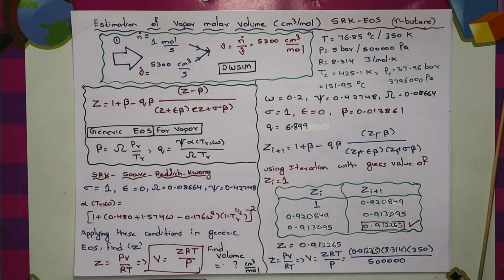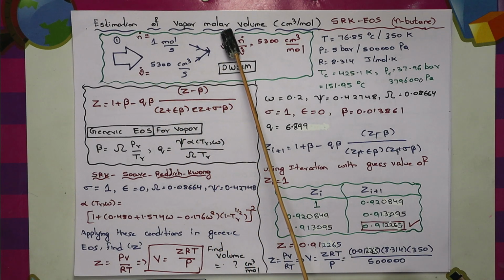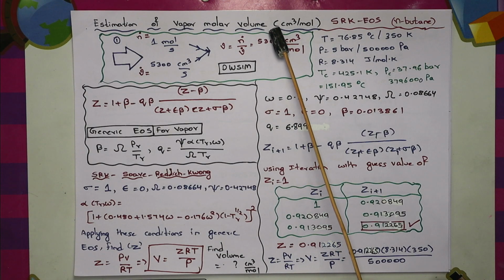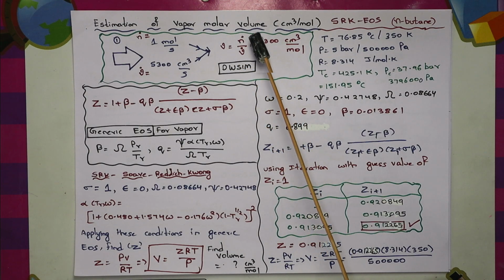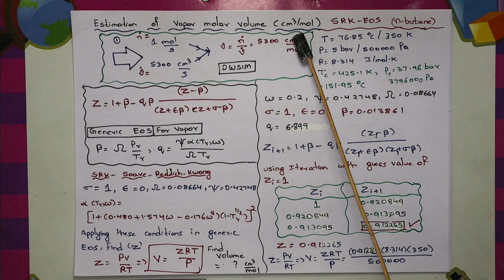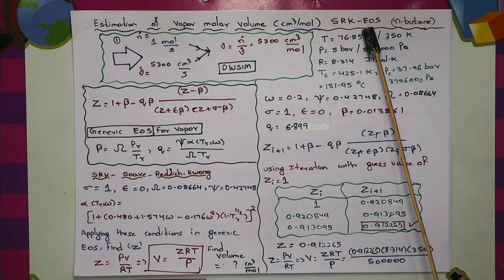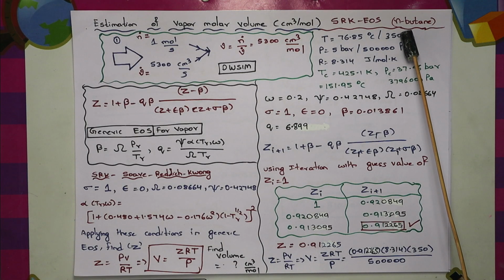Let me take you through how we are going to approach this. You can observe here, estimation of vapor volume. The volume you are going to measure is a molar volume, in cubic centimeters per mole, using the SRK equation of state. In today's example we are going to take n-Butane.